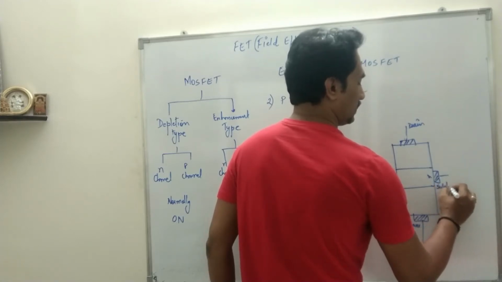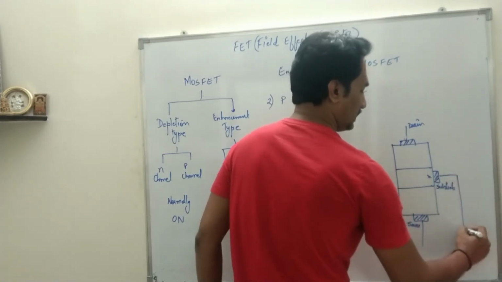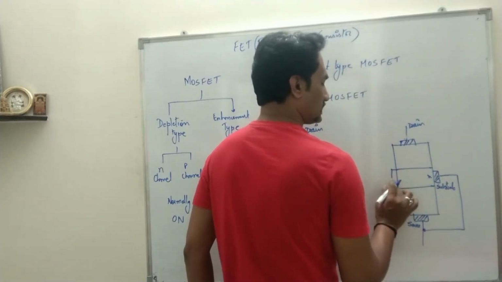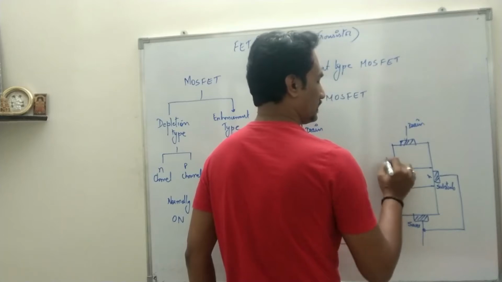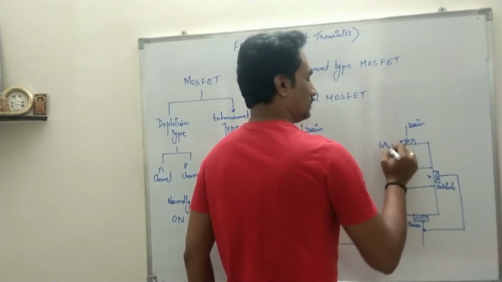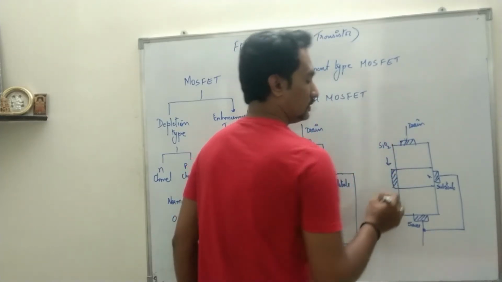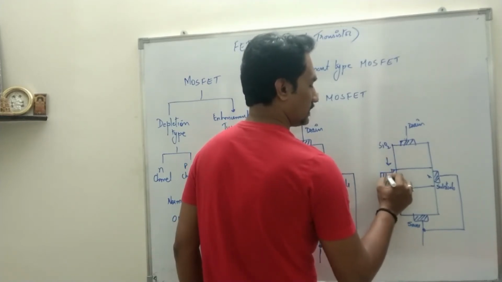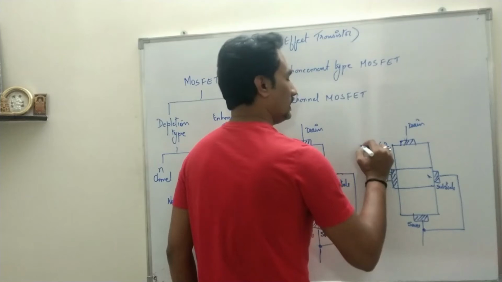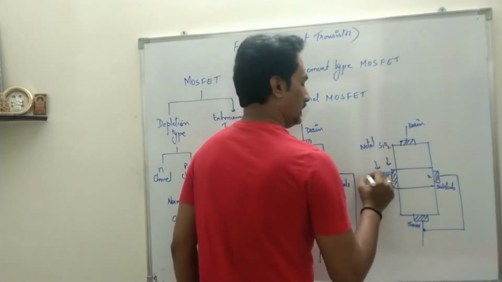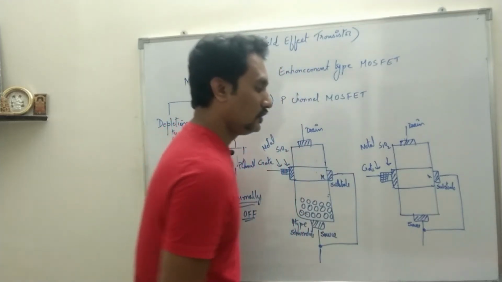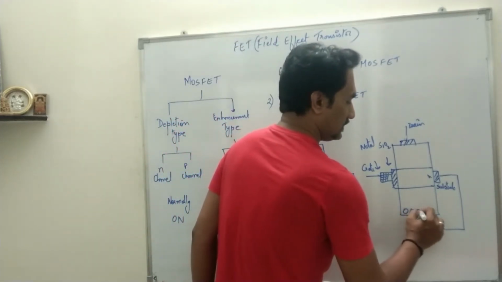This terminal is called the substrate, internally always connected with the source. On the other side of the substrate, over the semiconductor layer, we deposit oxide, which is mostly silicon dioxide, over which there will be a metal deposition, and that terminal will be called the gate.